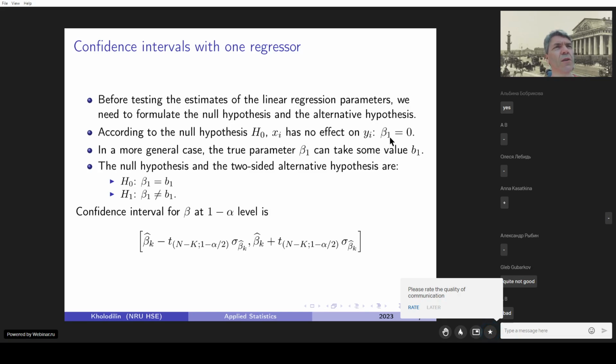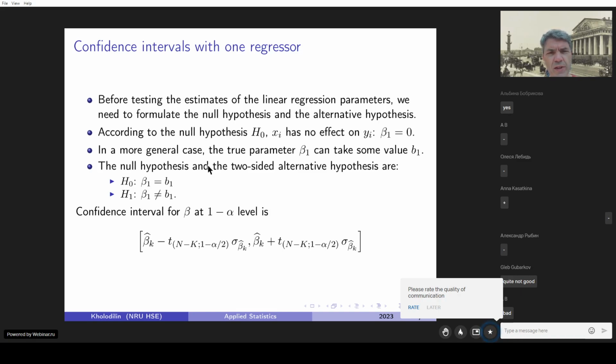It's not very interesting whether the constant is different from 0 or not. But whether beta 1 is different from 0 or not is important, because if it's statistically insignificantly different from 0, then beta 1 has no impact on y, or x has no impact on y. So we are interested in the null hypothesis where beta 1 is equal to 0.